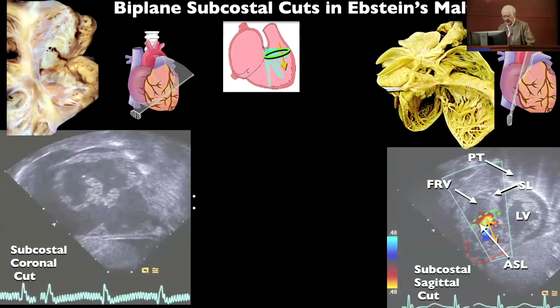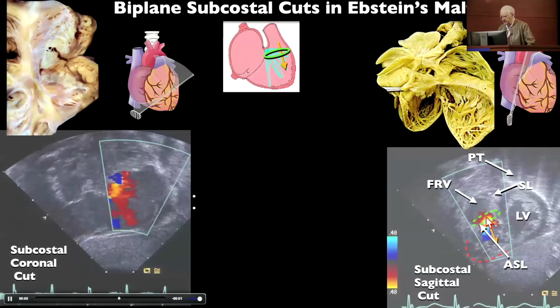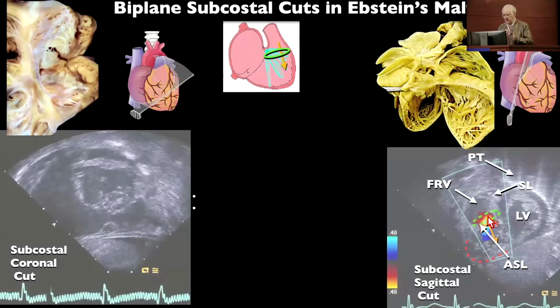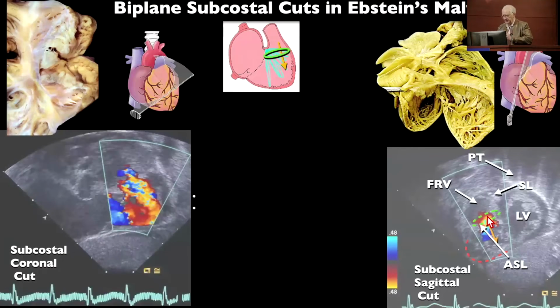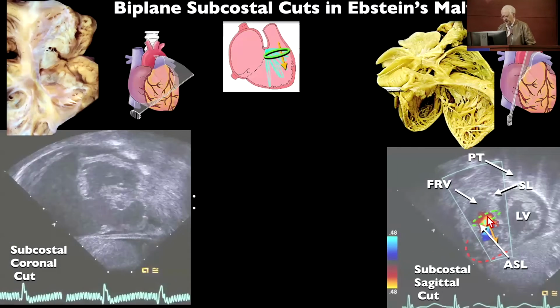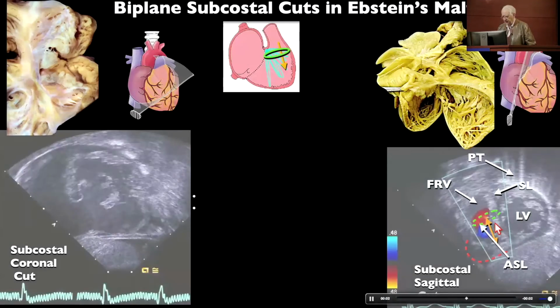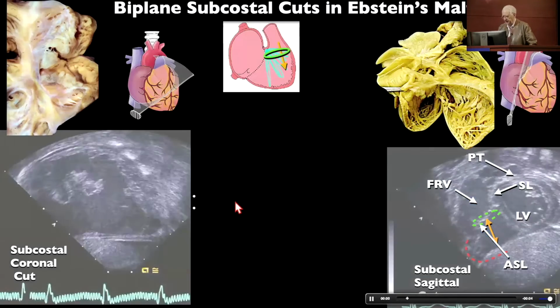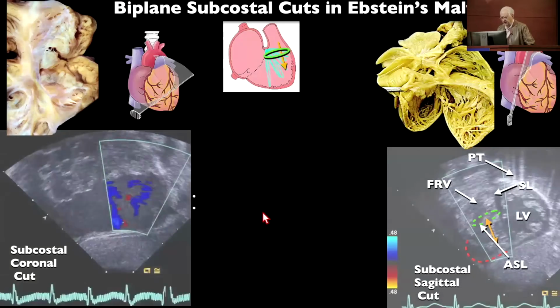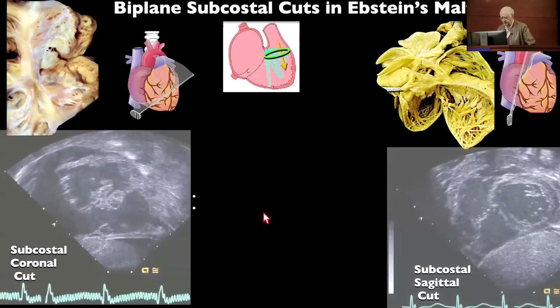And you can see here that we can look at the annulus in 2 dimensions and see that this annulus is displaced in space towards the diaphragm, the outlet of the ventricle, and that the jet of regurgitation is always directed at the diaphragmatic surface of the right ventricle.